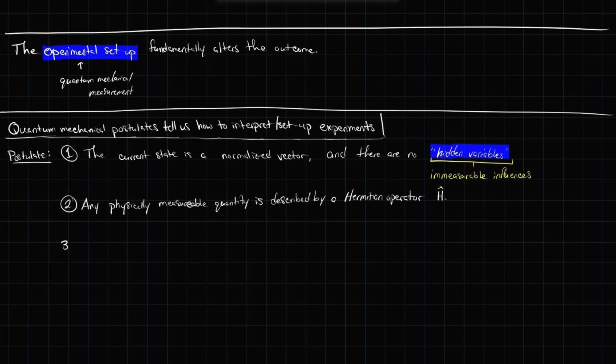The third postulate is that all possible results of the experiment, results meaning numbers we see. Okay, so we perform an experiment, we get a number out of it. These are eigenvalues of H hat, our measurement.